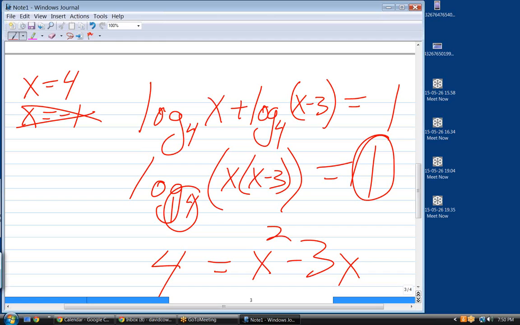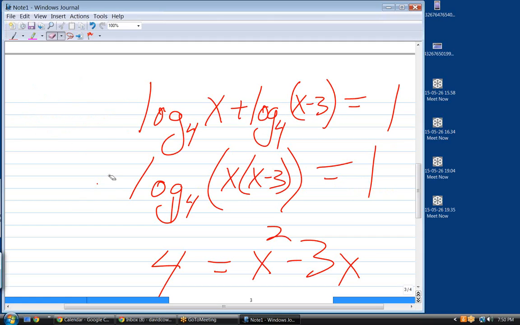And furthermore, let me suggest that when you're checking the domain, always go back to the first function, not the second one. In other words, when I said that this second line is the same as the first, not totally true.